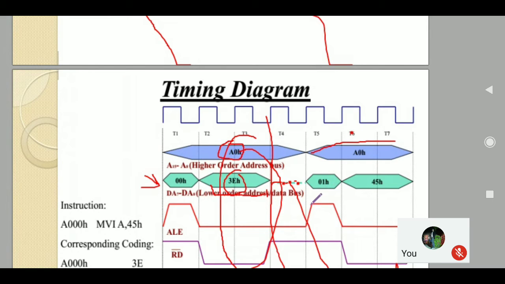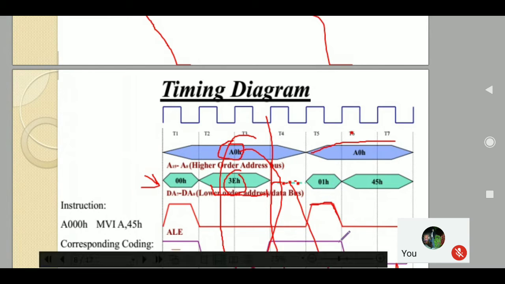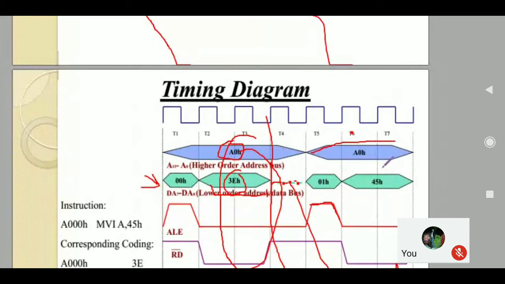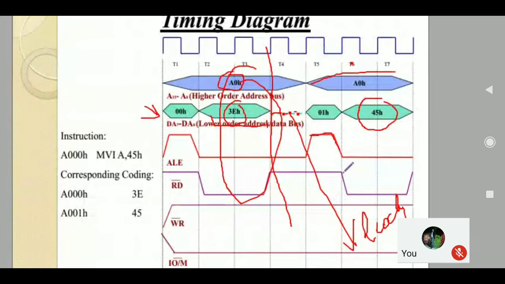That's why it is high, and it is the reading of this particular instruction from the memory. So again I'm going to read, so it is low here.